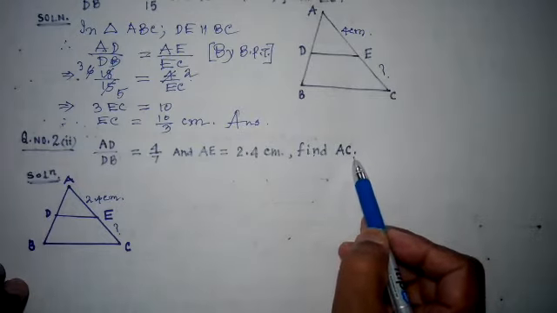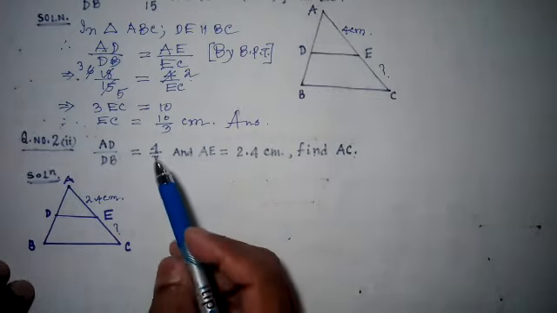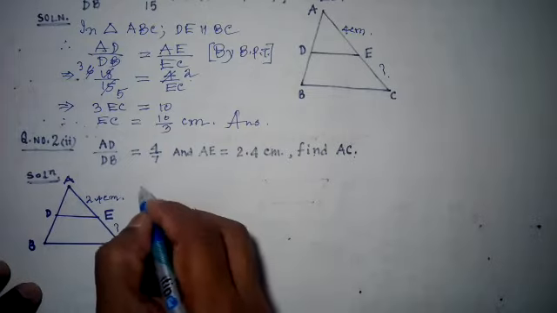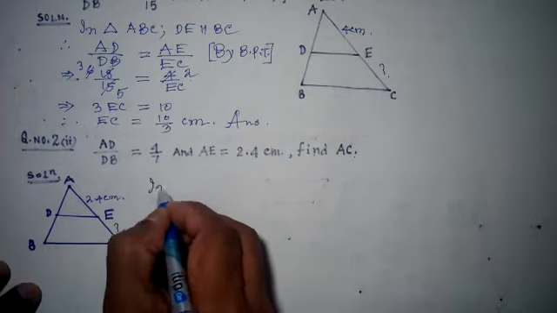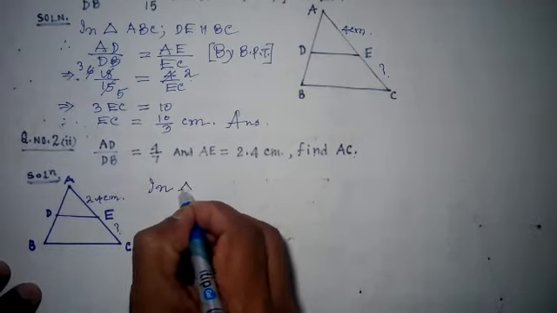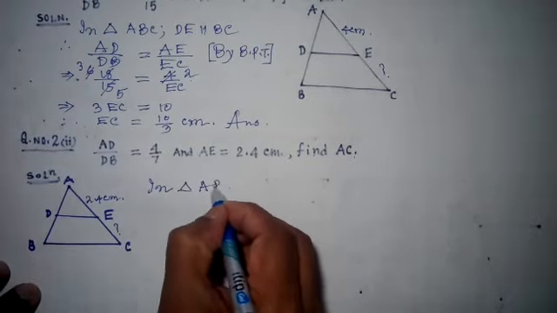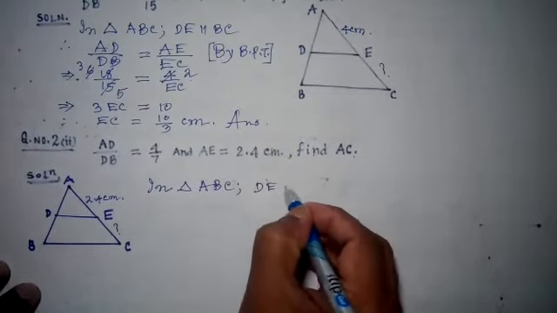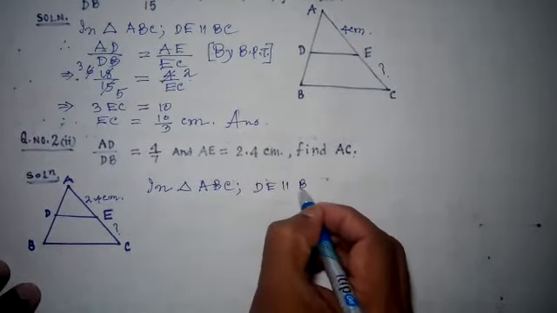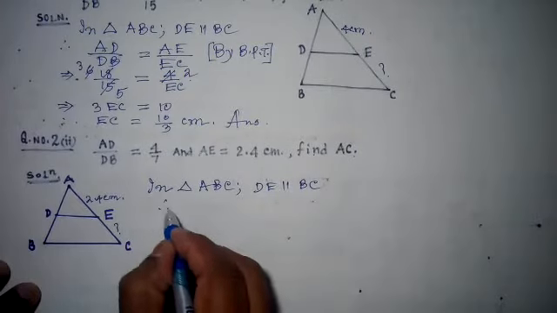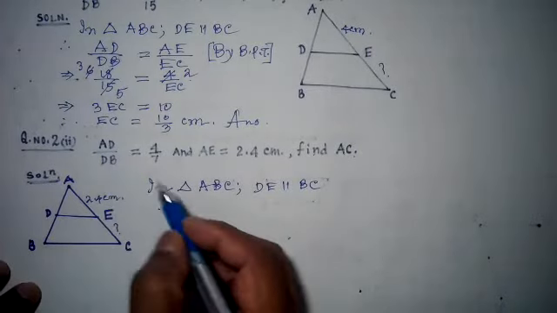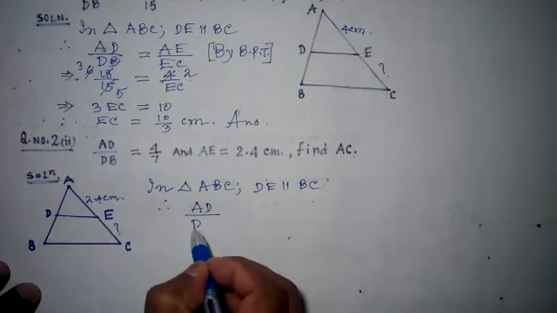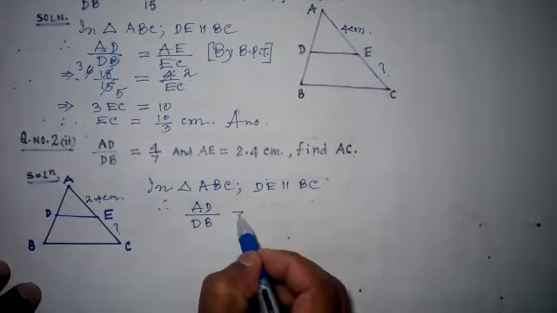So the question is find AC. It is easy to get. So use the same technique as we have used in question 2.1. The solution: in triangle ABC, DE parallel to BC. Therefore, AD by DB is given, so you will take the same relation AD by DB.